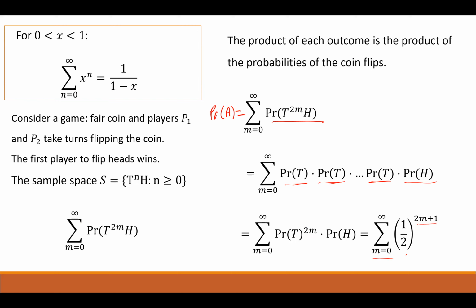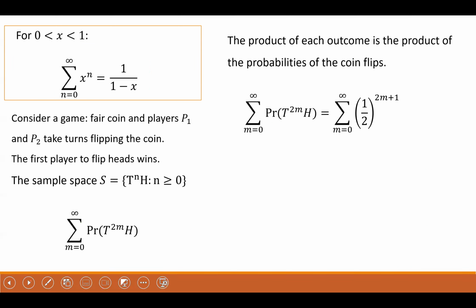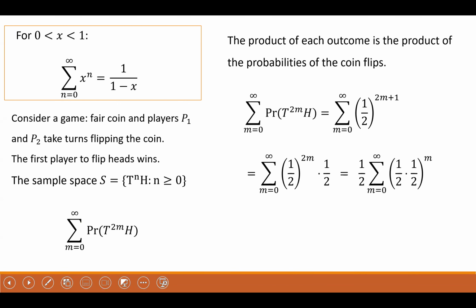Okay. So what we want to do is we want to find a closed form for it. So we're going to use our famous tool here. But first, we want to make this 2m plus 1 into something that looks like this. So what we're going to do is, well, the plus 1, we've seen how to deal with that, right?